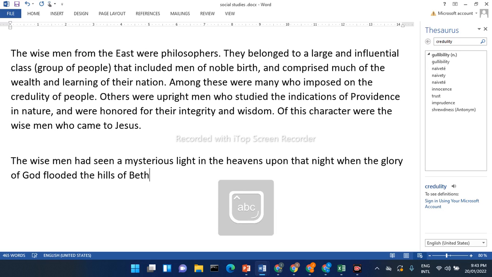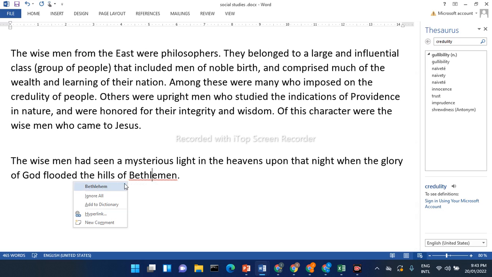So they're looking and they saw a mysterious light. And obviously, if you see a mysterious light, you would be amazed. And not only that, but it was also prophesied in the Bible, about the star having a great significance, right?